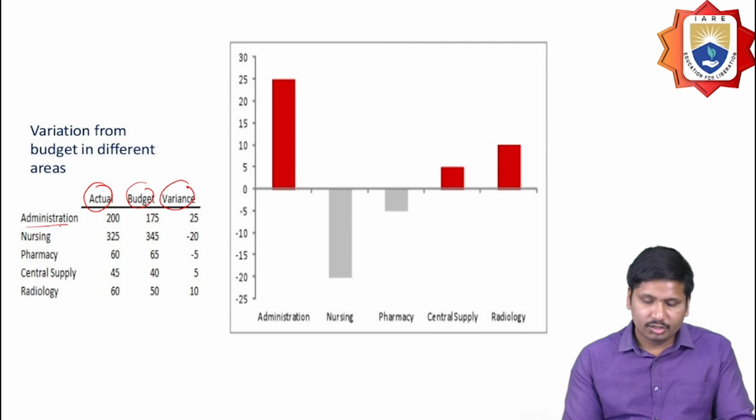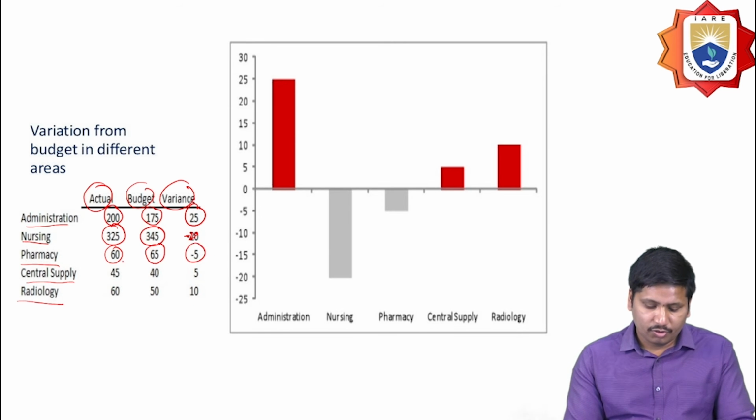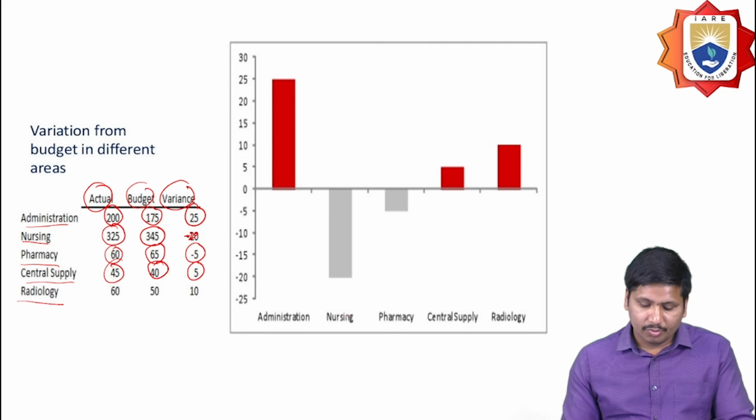How much variance can I obtain from administration, nursing, pharmacy, central supply and radiology. Here actual is 200, budget is 100, so positive I'm getting. Actual is 325, the budget proposed is 345, so negative is coming. Actual is 45, but the budget value 40, so a 5% gain.